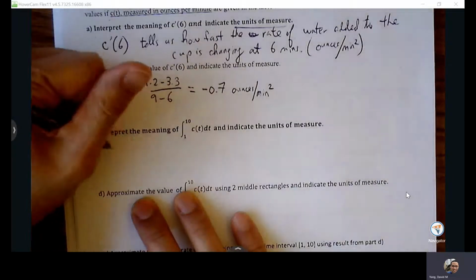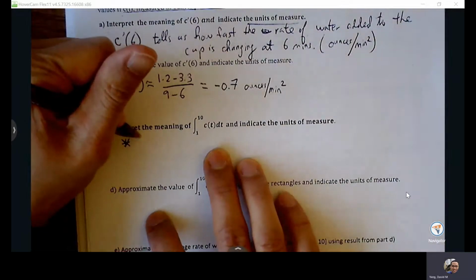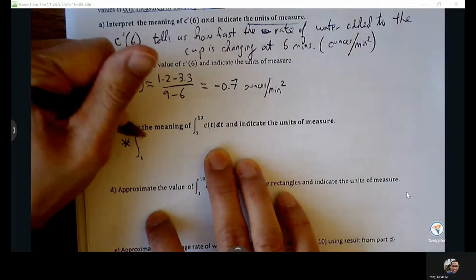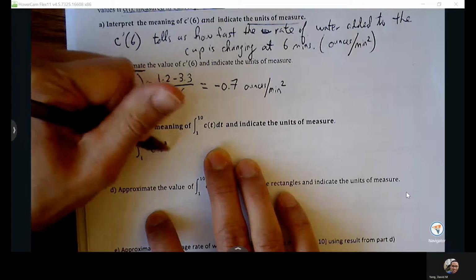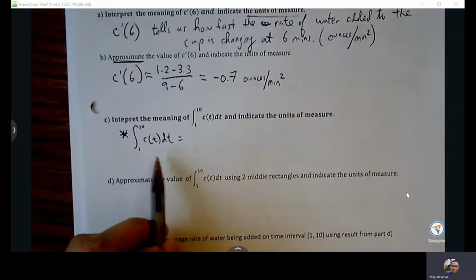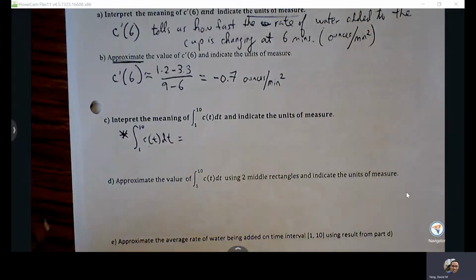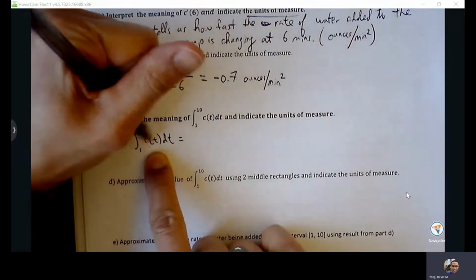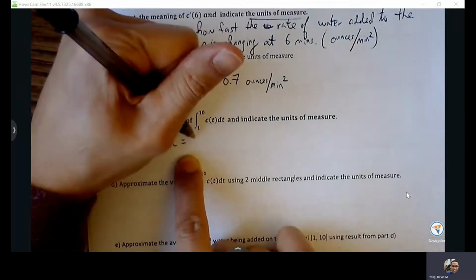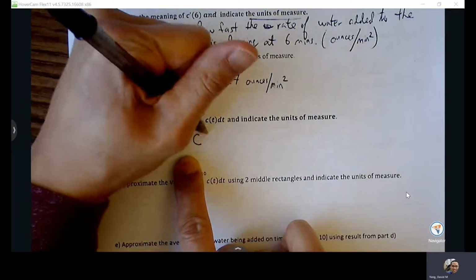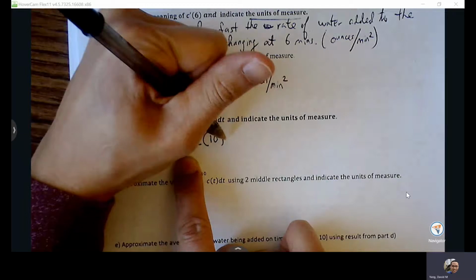And this is really applying the first theorem. We know that C of t is ounces per minute. If we take the antiderivative, it'll turn into ounces. So imagine we take the antiderivative and it becomes uppercase C.